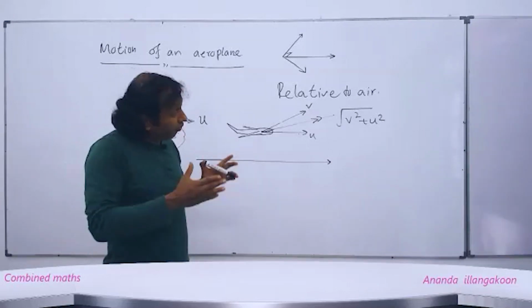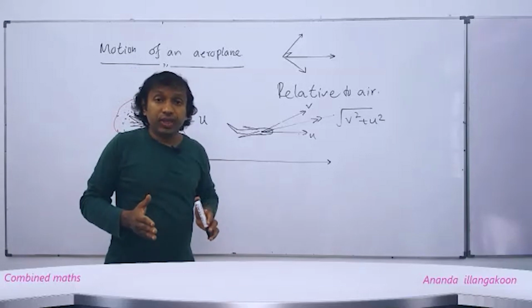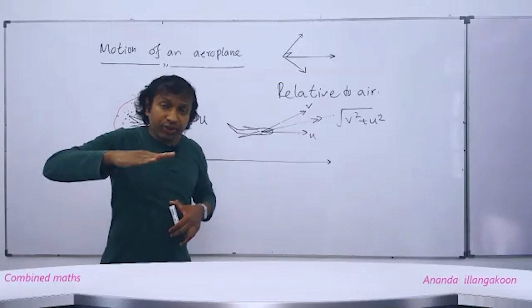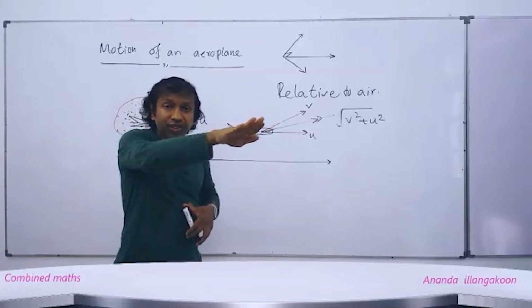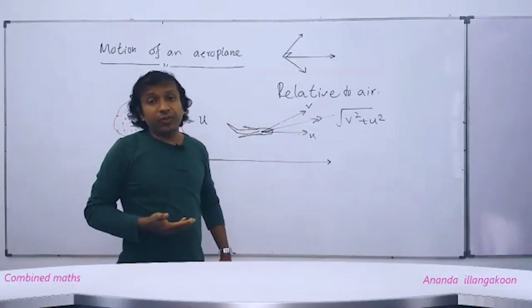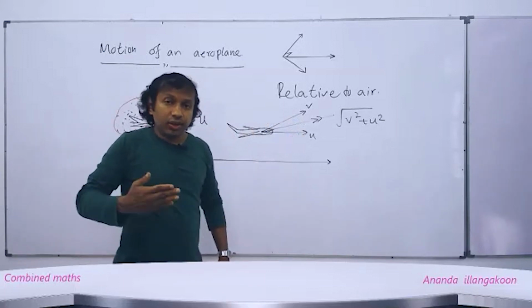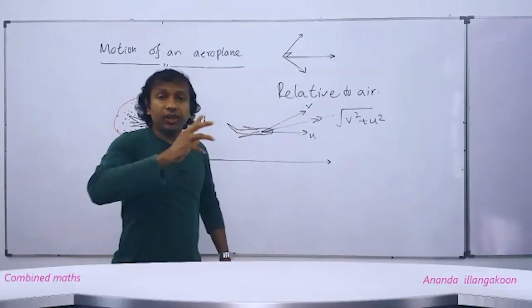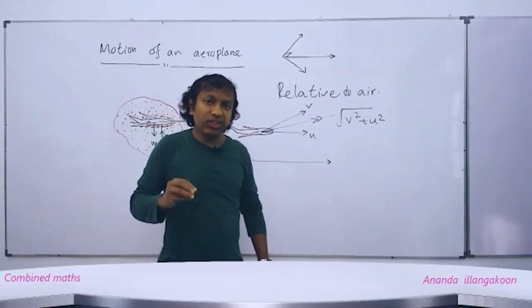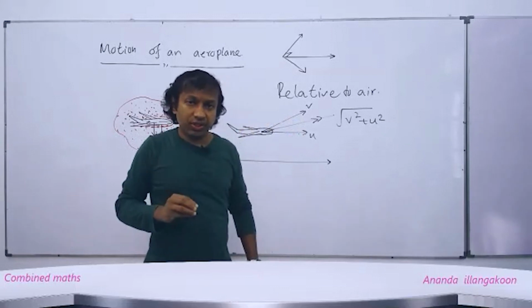But you can very easily see this situation just before landing an aeroplane: the body is in a particular direction, but it is moving in another direction. When the wind is not blowing there, definitely the aeroplane moves in the same direction as its body. So this part is very easy if you understand this situation.